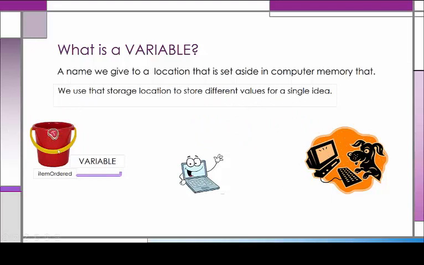But now notice what happened to the bone. The bone went away. In other words, this variable, this storage location, will only hold one value. So now if we put a new value in the bucket, the old value disappears, and now every time we look in the item ordered bucket, we get the new item, which is the steak. So when we refer to that variable, we're referring to the new value, steak.